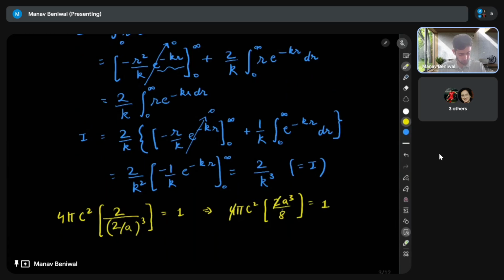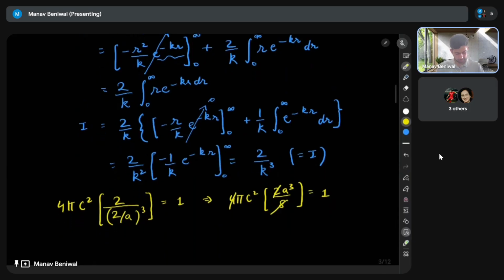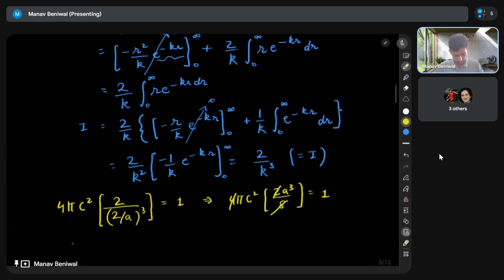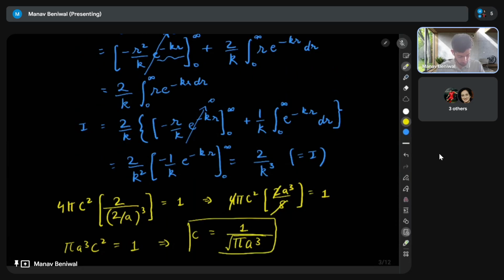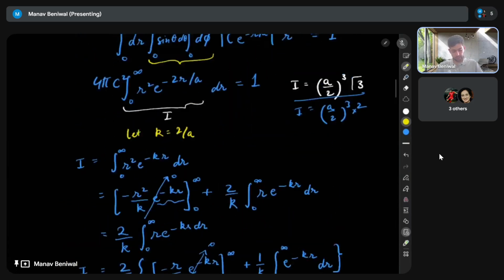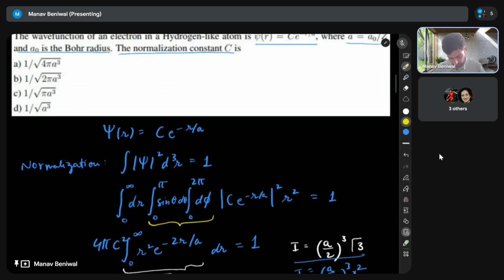So 4 times 2 is 8, and they will just cancel out each other. This simply implies that pi a cube c square is equal to 1, or c is nothing but 1 over pi a cube under root. Okay, so let's check. So option C.